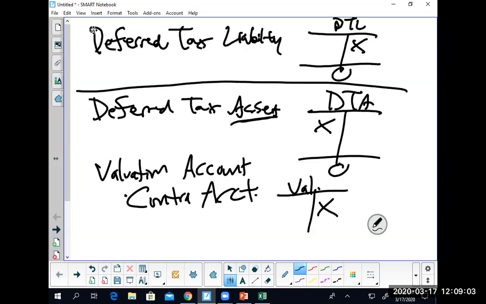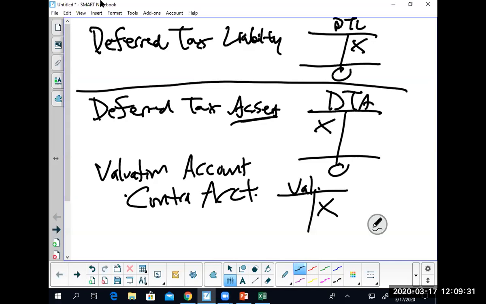You're not going to reduce a liability, but a deferred tax asset, even though you've got this deferred tax asset that you're going to get this tax back later because the accrual basis of accounting is different than the tax-based accounting, this valuation account is going to offset that, much like what? Accumulated depreciation. That's the most common contra account of all, as a credit balance. Offsets that on your balance sheet. So make sure you understand that.